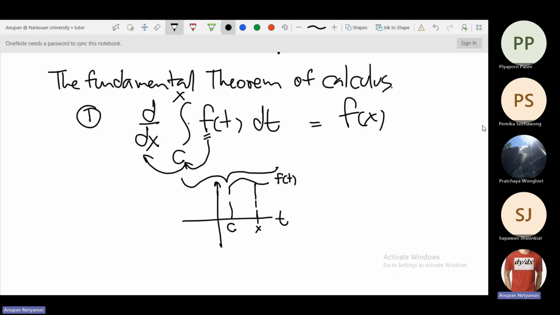If my x is over here, I get this area here. If I move x to this one, you can see that I gain more area. So this gives you the area, but the area depends on x, because this end is fixed. So only this endpoint here depends on x.